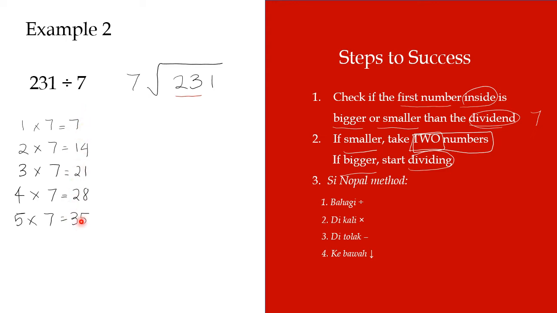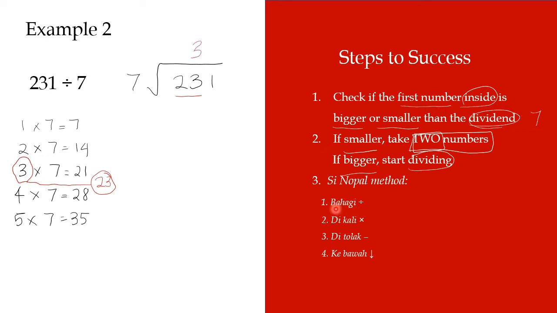No, you can't see it, but where is it hidden? So 23 is hidden right here in between 21 and 28. We're going to circle the number right here, and we're going to drag it and circle 3. So that's what we're going to put up here, 3.